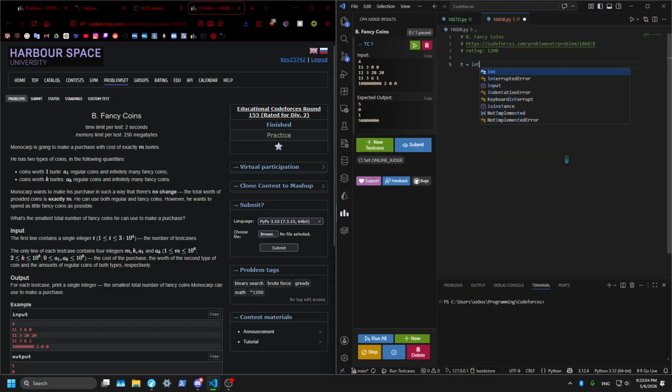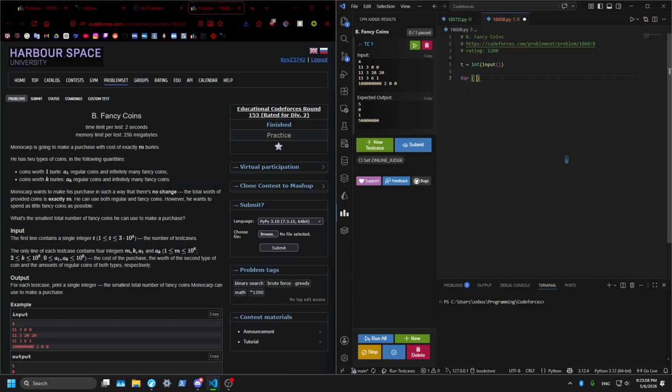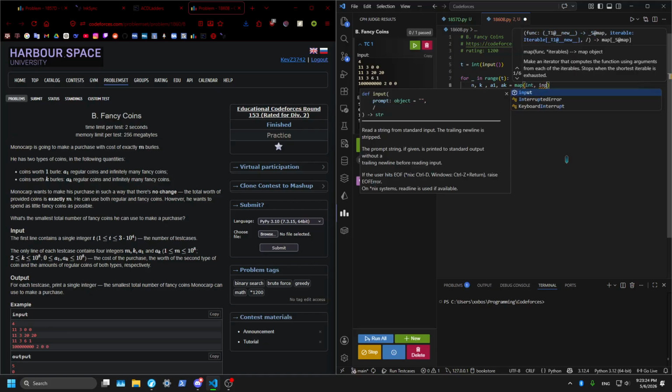T equals int input, for blank in range T. M, K, A1, AK equals map int input split.